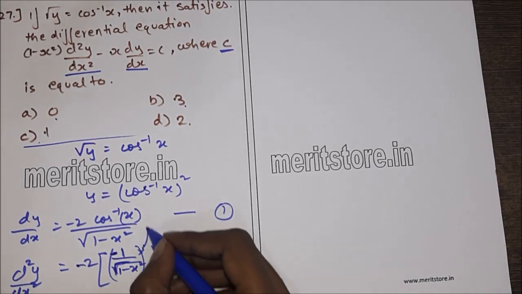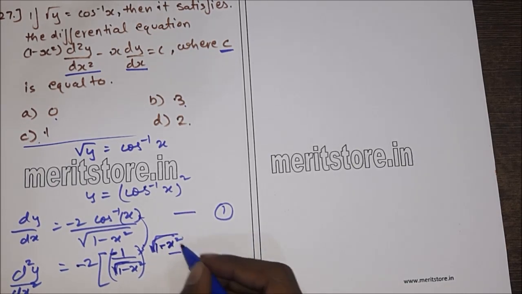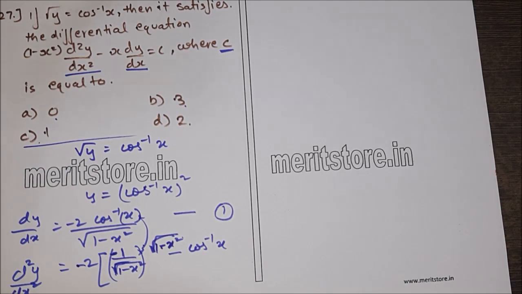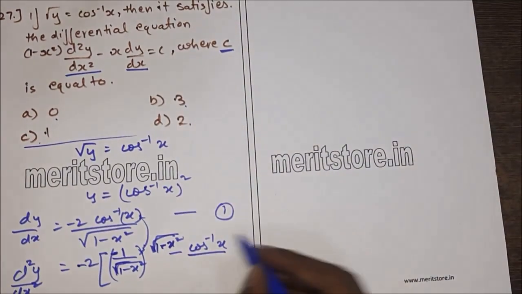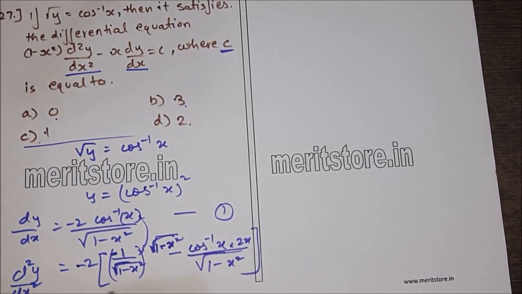This is the derivative of cos inverse of x, and this is the denominator, which is v. So v into derivative of u minus u into derivative of v, which is cos inverse of x upon the derivative of root of 1 minus x square, which is x upon root of 1 minus x square, divided by root of 1 minus x square the whole square.